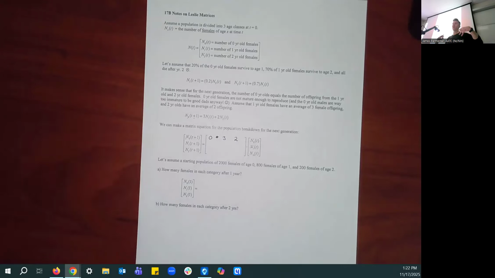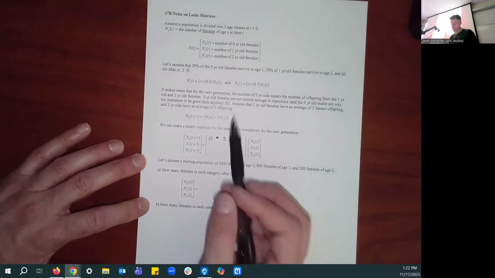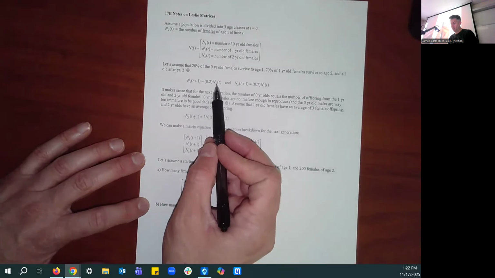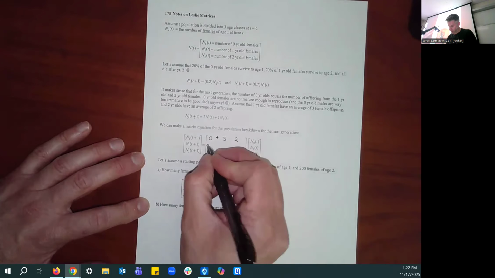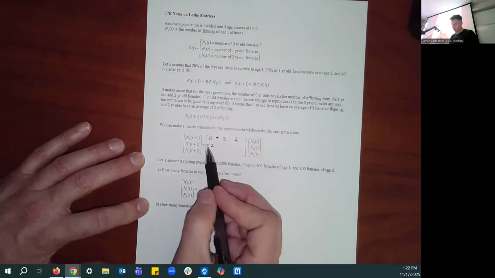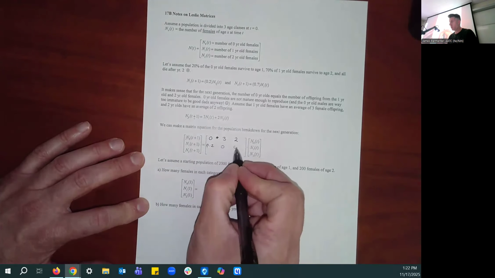I always think of the first row of the Leslie matrix as how many 0-year-olds I'm going to get next year. My second row is going to be the number of 1-year-olds I get next year. We know that 20% of the 0-year-olds survive to become 1-year-olds, so it's going to have a 0.2 there, which multiplies by the n0. And then a 0 and a 0.